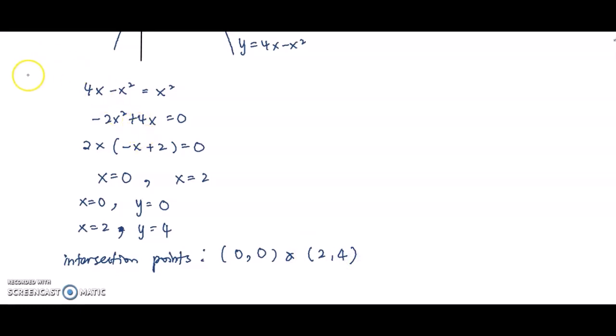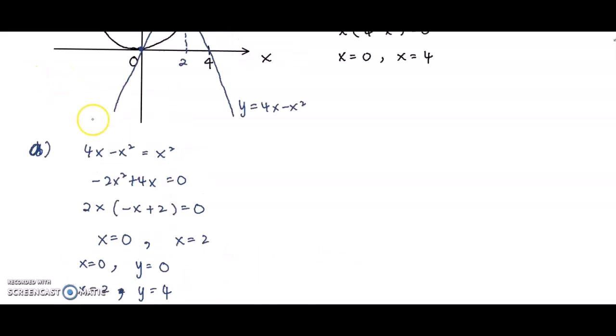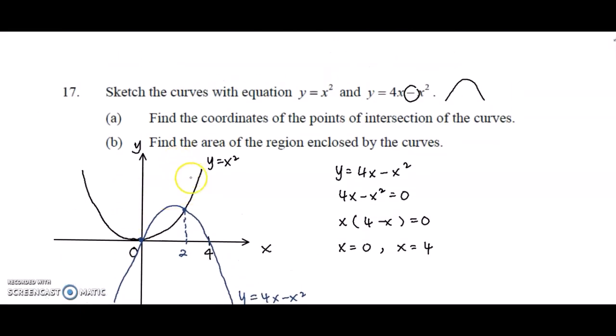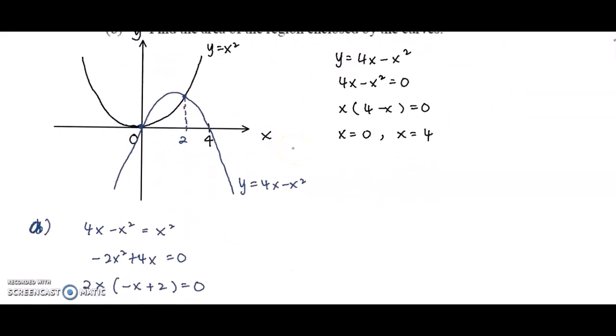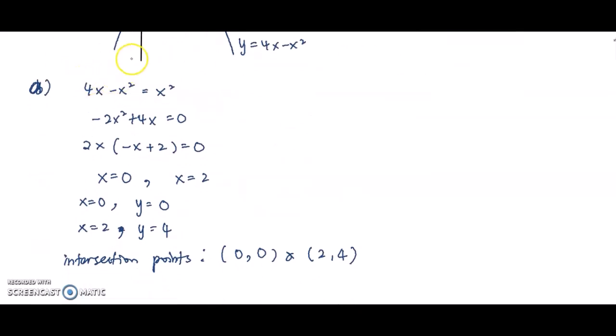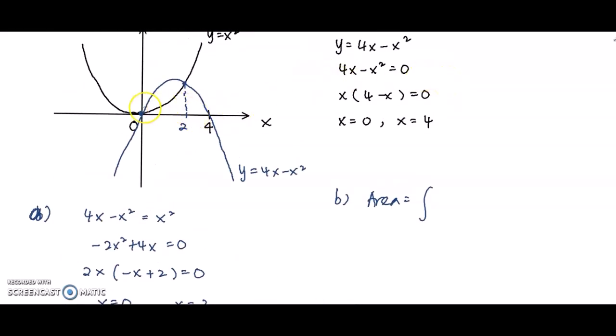After you have answered question A, now we proceed to question B. We need to find the area of the region enclosed by the curves. So it means that the area will be equivalent to taking the x coordinates of the intersection points, which is from 0 to 2, because we wish to get this area.